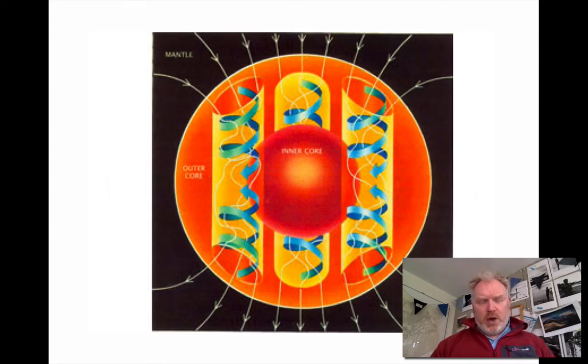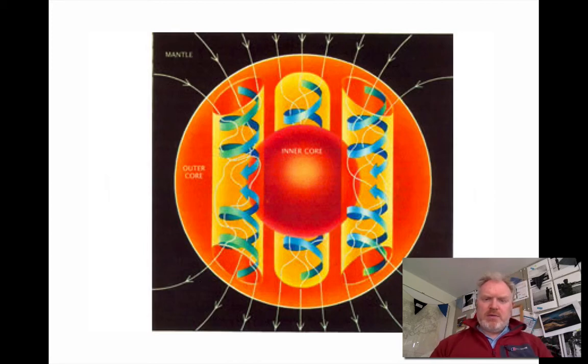With these coils of wire, we can get a small electric charge passing around these convection cells. Now, any electric current generates a magnetic field, but it's going to be way too small to generate what we see at the surface of the Earth in terms of the Earth's magnetism.